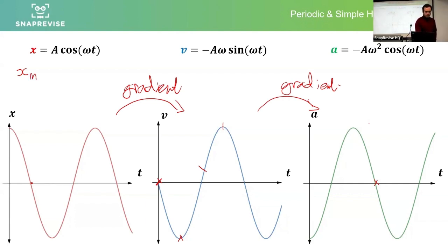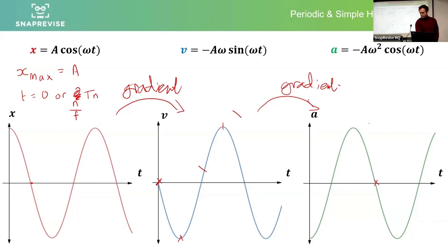Right. The x max equals A, and that is at t equals 0 or one period or a whole number of periods. And I could rewrite that as n over f.